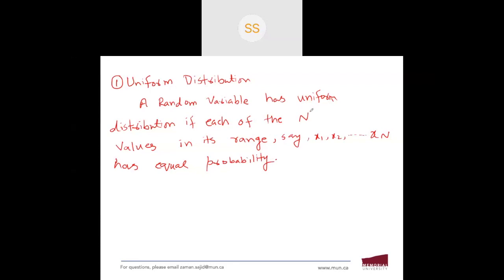So a uniform distribution is defined as: a random variable has a uniform distribution if each of the n values in its range, say x1, x2 up to x of n, has equal probability. So here the most important word is equal probability.